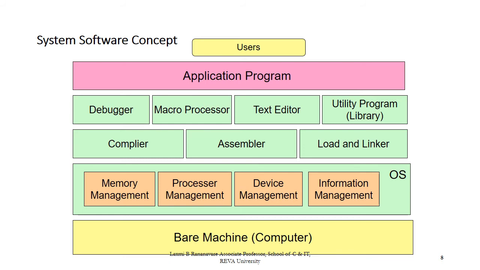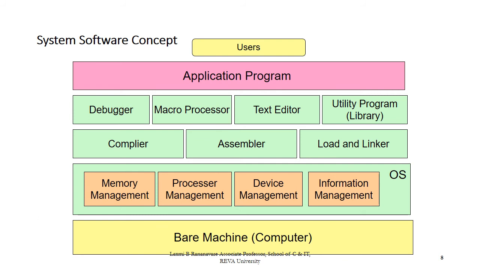Macroprocessor is another system program which helps us to substitute a set of instructions wherever we have a shortcut notation for a particular set of instructions, and thereby writing the program becomes easier. The macroprocessor processes this by giving a common name, and then it expands these macros which are defined in the source program. That is the work of the macroprocessor.